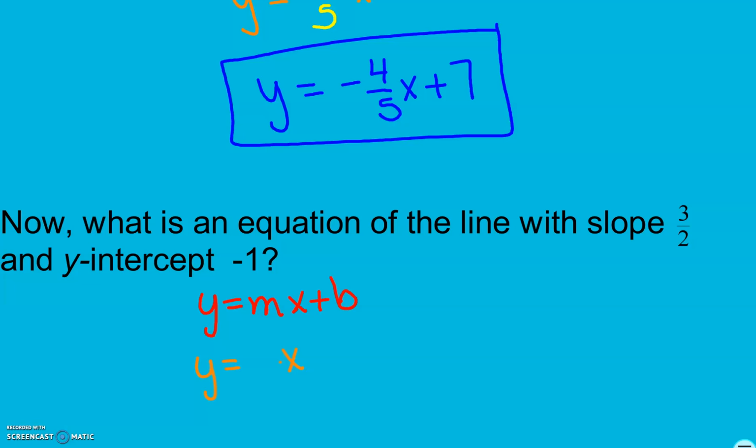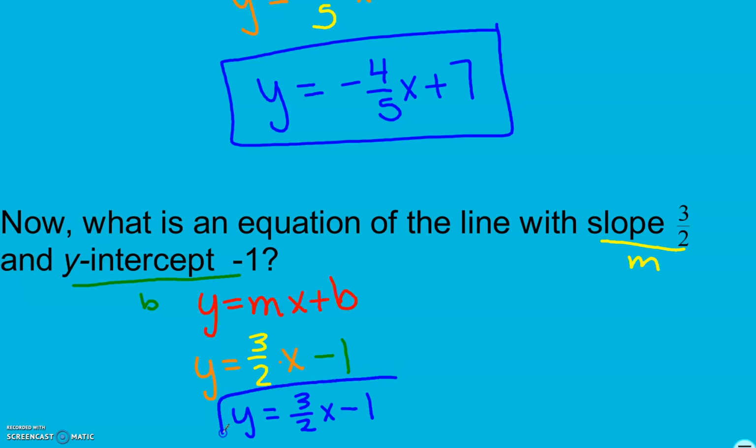I plug in my coefficient, my m value, that's my slope, which here is 3/2. My y-intercept is my b value, which here is -1. So you can do plus -1 if you want, but when we simplify that, we end up with just -1. So my final equation here is y equals 3/2x minus 1.